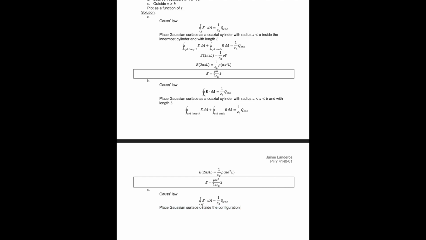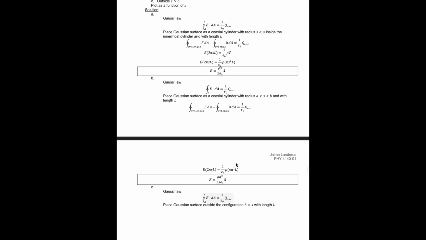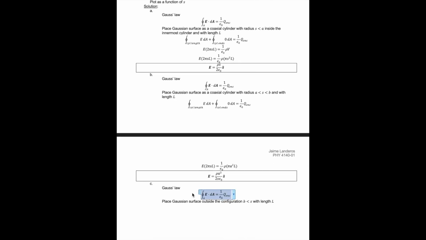So now S is greater than B, and it has length L. But what we know from our problem is this inner cylinder has total charge plus Q, and the outer has minus Q.